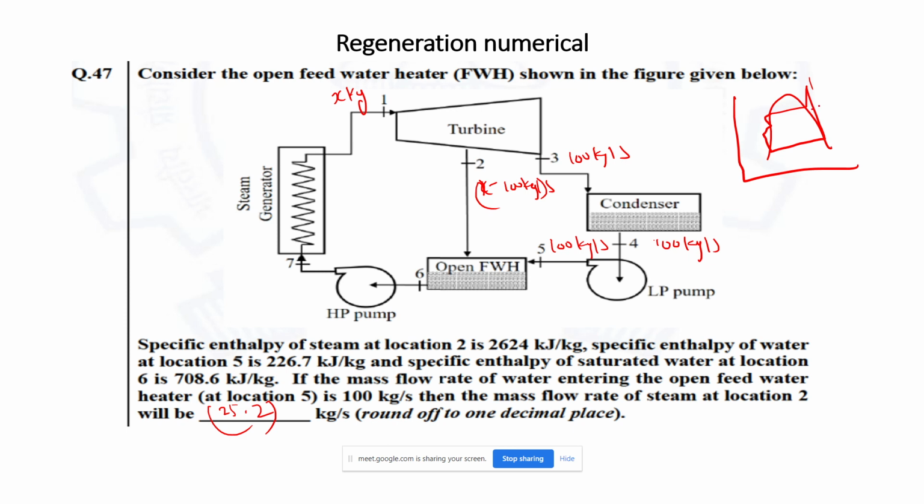1, 2, 3, 4, 5, 6, 7. Sir, yeah, by the initial method also we are getting the answer. That is also fine. But actually, I didn't know that initial condition. That's why I put 1.